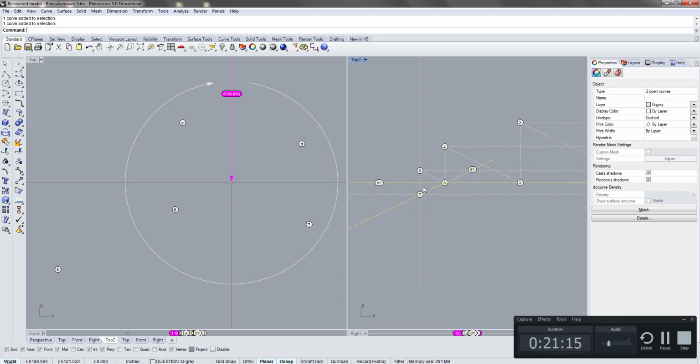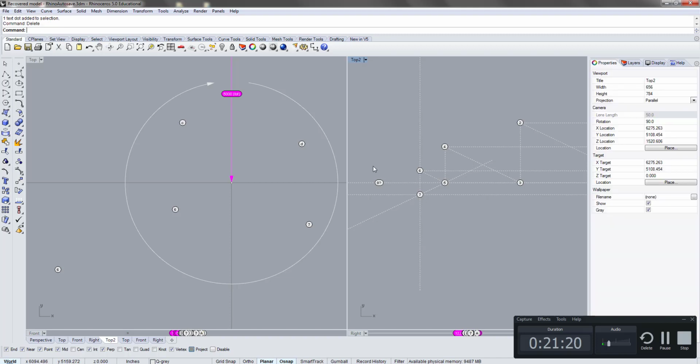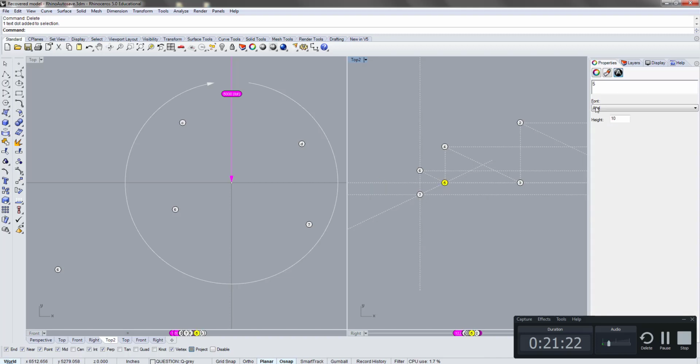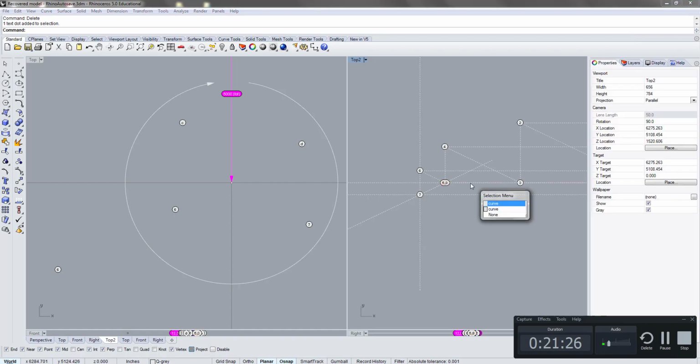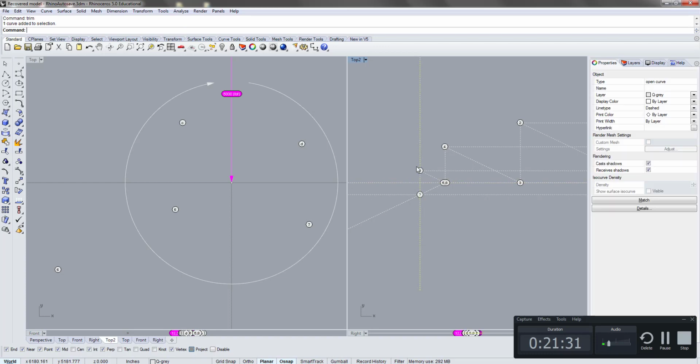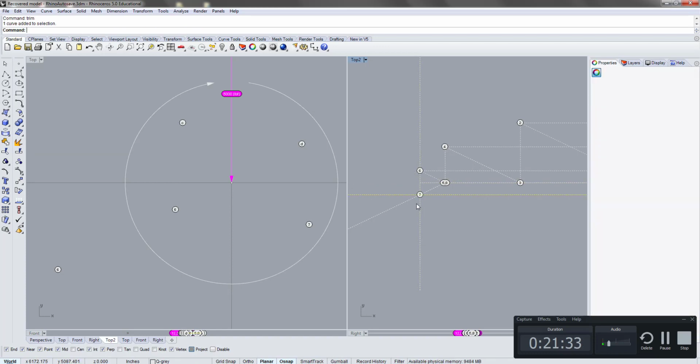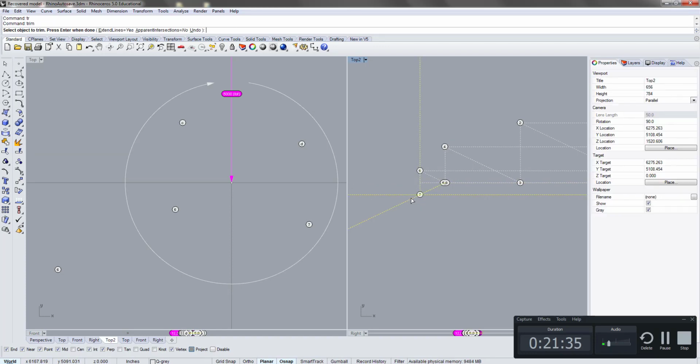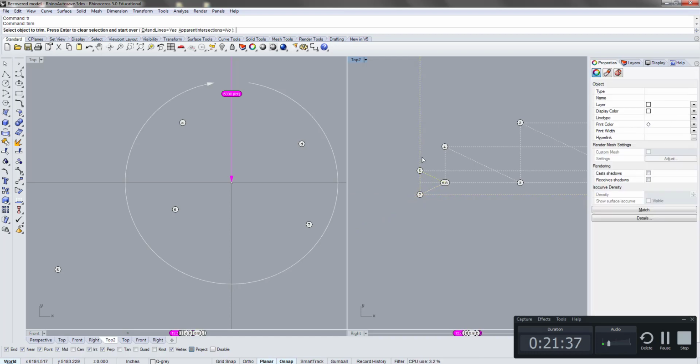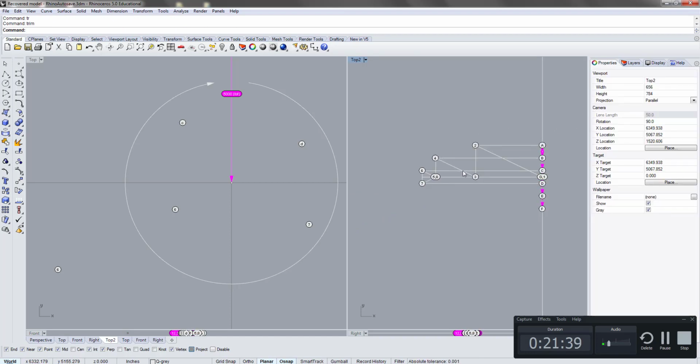So it's got to be at the intersection, which is actually the identical point as point 5. So actually point 5 is also point 8. Just cleaning up the diagram. So that's what we get so far.